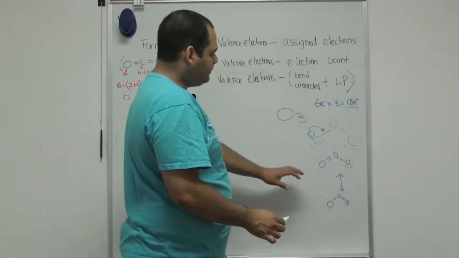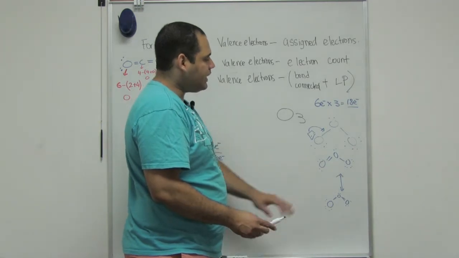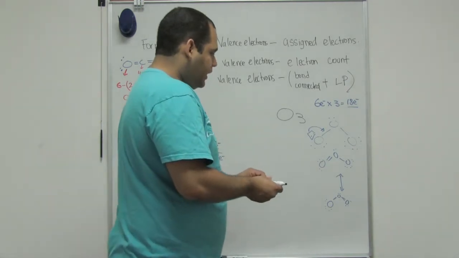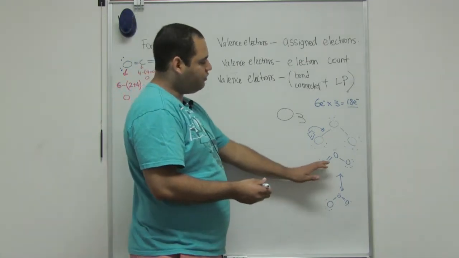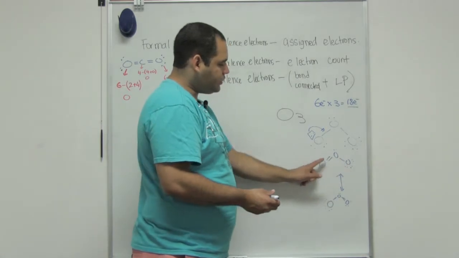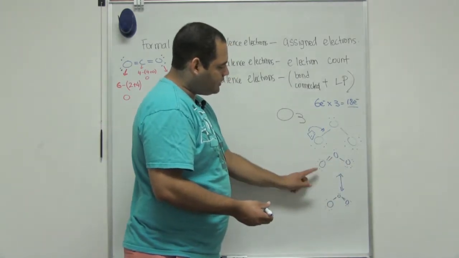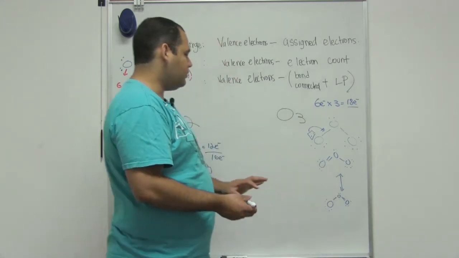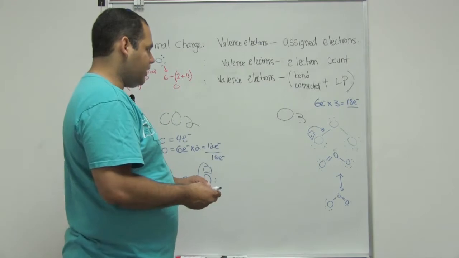And remember, Lewis structures show localized double bonds, and really what we saw in the lab is that this bond is not localized. It's flowing between this and this connection. Therefore, we say that the structure is not this, it's not this, it's something between both. It's the average between these two structures, okay?